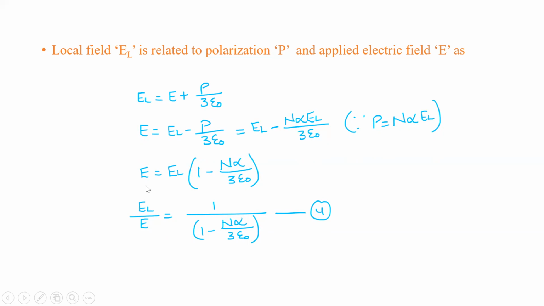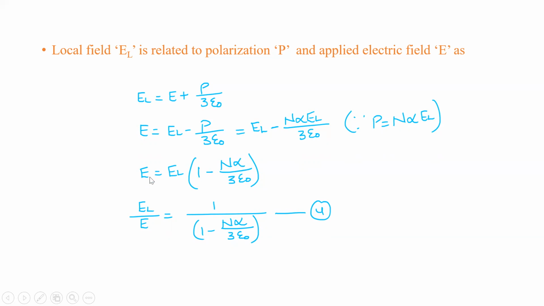So now the local field and applied field are both related by the polarizability. N, the number of atoms per unit volume, is constant once we take the material, and the electric permittivity of free space epsilon naught is a constant. So the only variables are the applied field, the local field, and alpha.